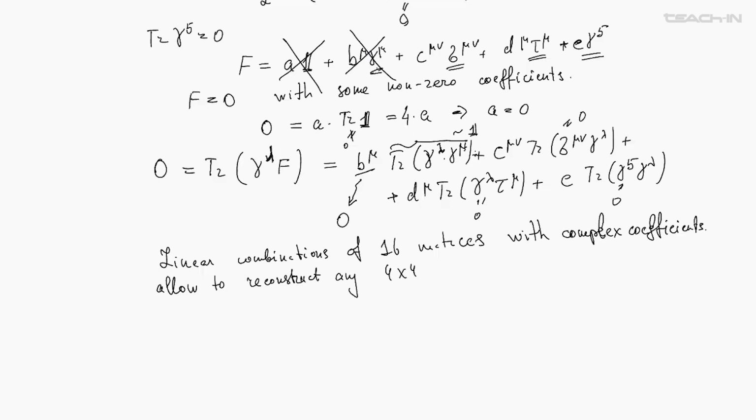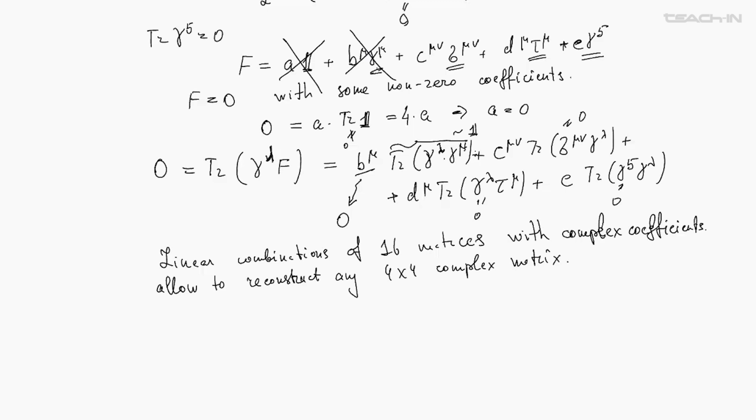This statement is very similar to what you have in 2 dimensions with the Pauli matrices. If you have 3 Pauli matrices and the identity matrix, and you consider all linear combinations of those with complex coefficients, you can expand any complex 2x2 matrix over them.